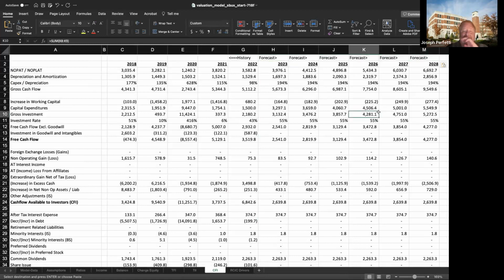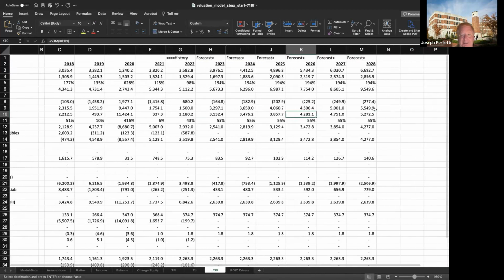But that's the key. Now that we forecasted the granular income statements and balance sheets, we now have forecasted TFIs, TIIs, which means we have forecasted CFIs, which is what we were leading up to. So I now have a cash flow forecast for Starbucks going through 2028. And I should get a free cash flow of 4277 in 2028, if you're following along.